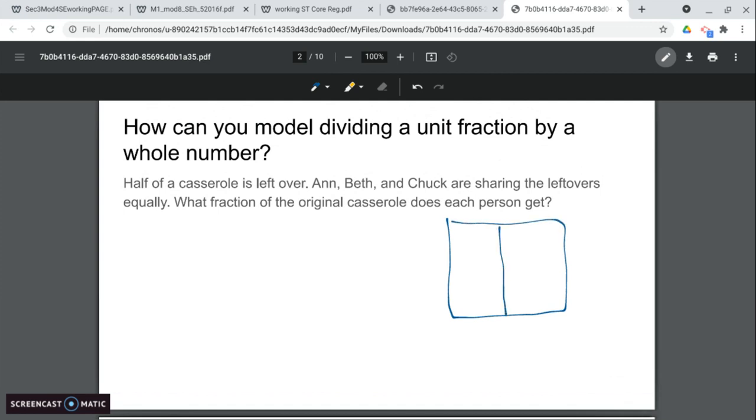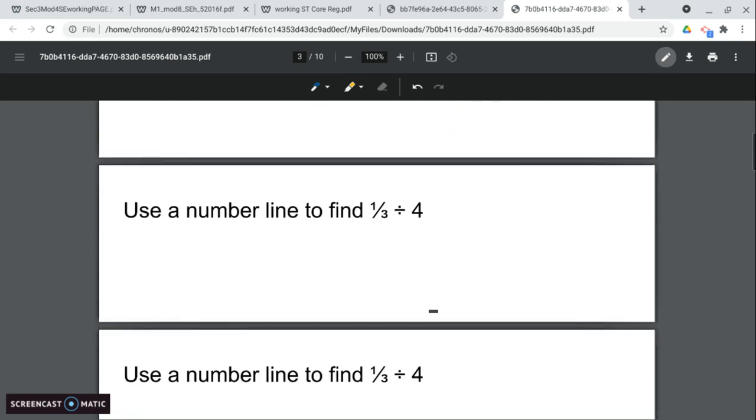And if half the casserole is left over and there are 3, we can divide it into 3 pieces, because there's 3 of them sharing. So 1/2 divided by 3 is going to equal 1/6. So they each got 1/6 of the original casserole.